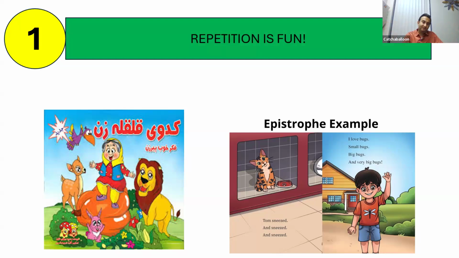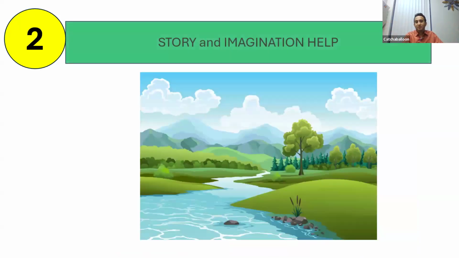Next thing is about story and imagination. For example, there is a problem, so the river could be a metaphor of a problem. If you were about to move from one end of the river to the other side, that river is the representation of a problem.